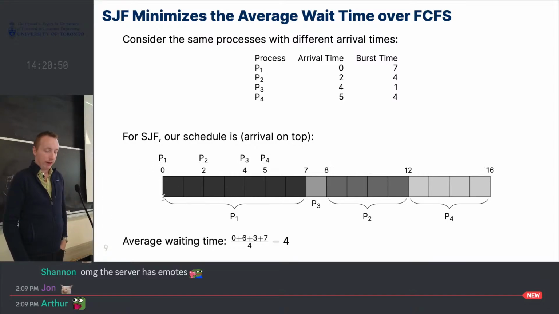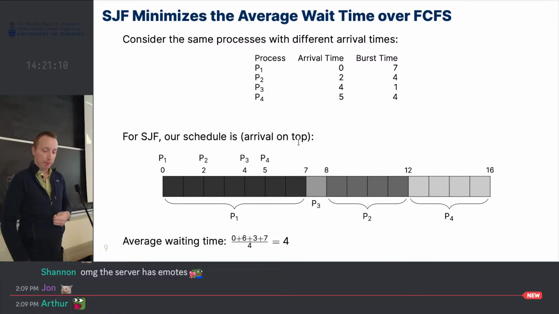At time equals 0, we only have one process to schedule, so we do not have a choice. We have to run P1 for 7 time units, and while we're running it, all the rest of the processes arrive. So we have P2, P3, and P4.